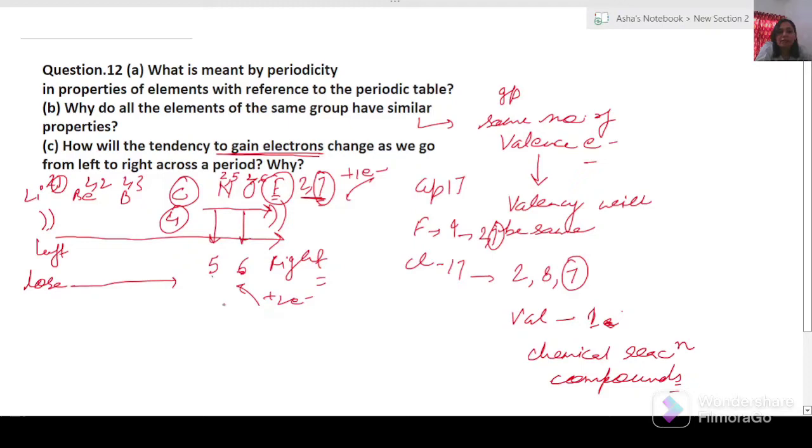Nitrogen has 5, so it needs 3 more, so it will also accept. So the tendency to accept will increase in the period when we go from left to right. You can also write that the non-metallic character increases. If the non-metallic character is increasing, it means the tendency to gain electrons will also increase.